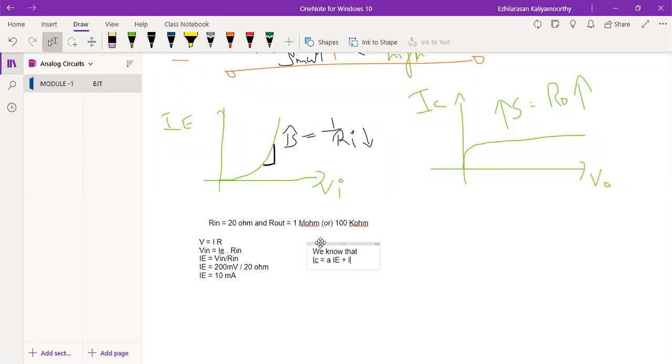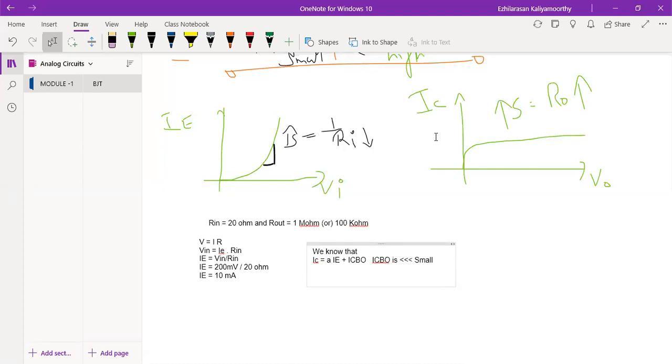Normally the ICBO is a very small value. It is the collector to base leakage current, which is very small, so we can neglect it.